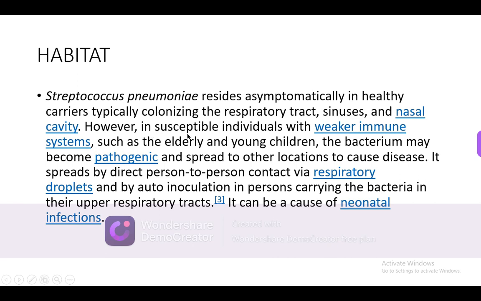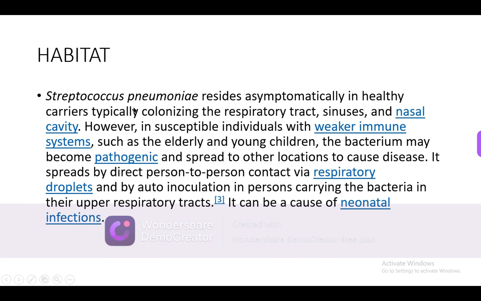Here they act as commensals. However, in susceptible individuals with a weaker immune system, such as elderly persons or young children, the bacterium may become pathogenic. If it penetrates, it will leave that site and spread to other locations to cause disease.